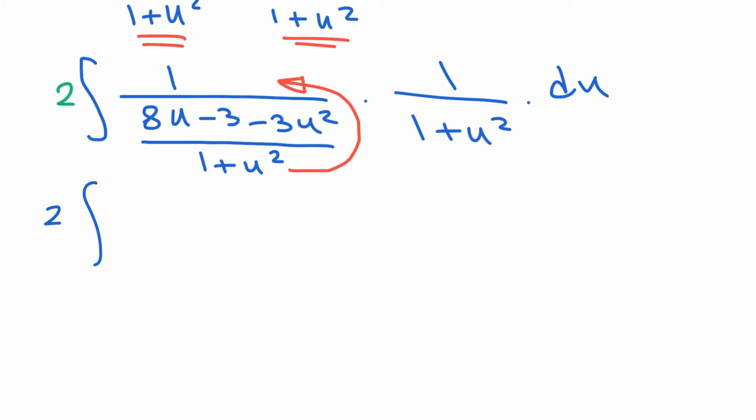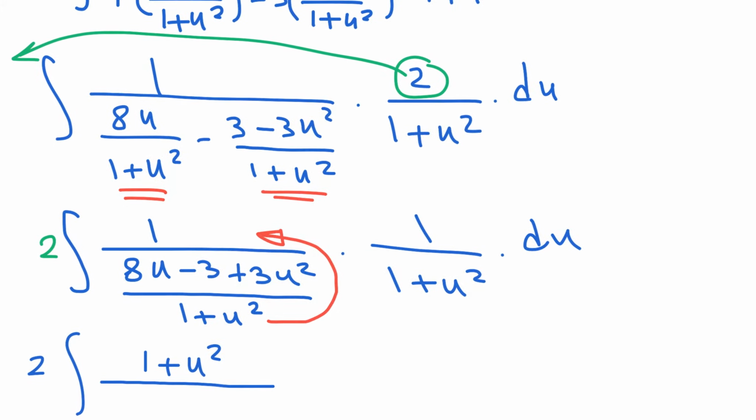This is positive because negative times negative is positive: negative 3 times 1 is negative 3, and negative 3 times negative u squared is positive 3u squared.